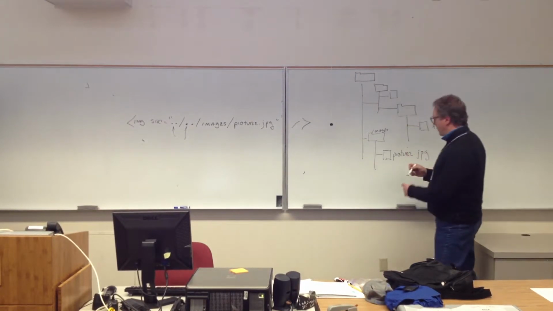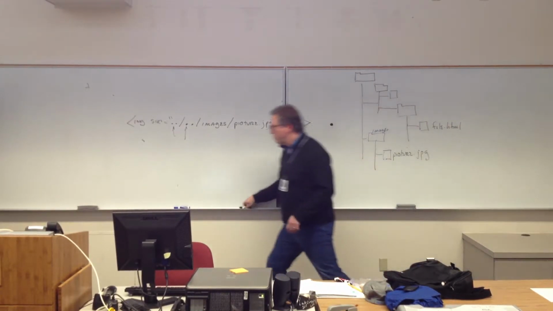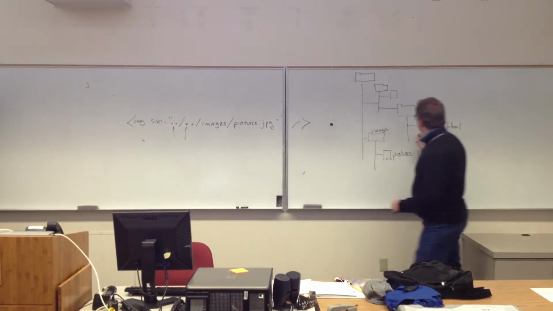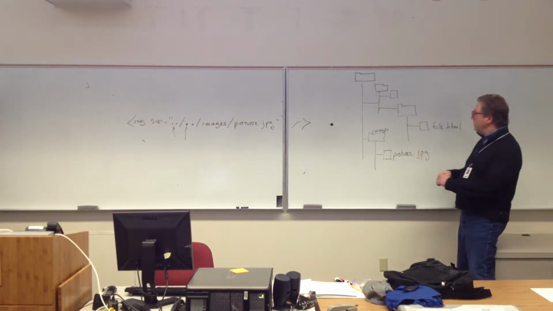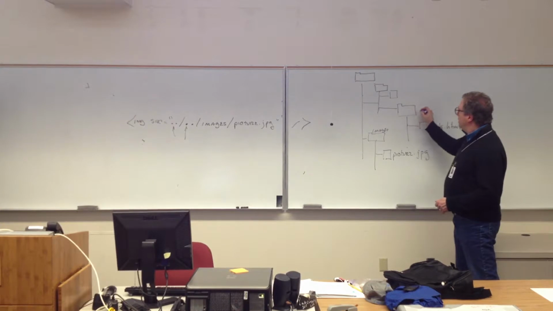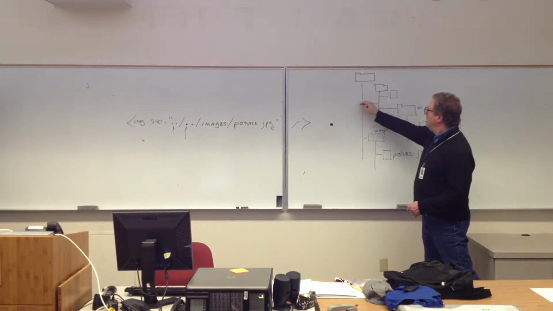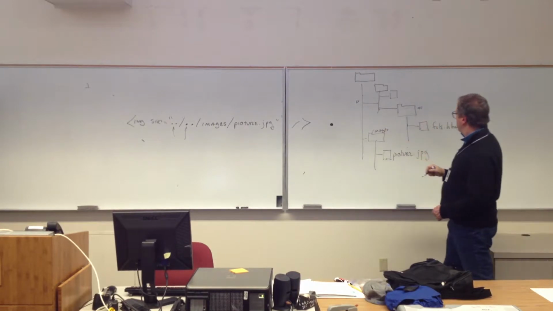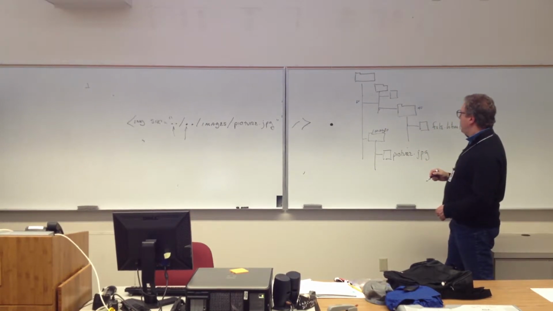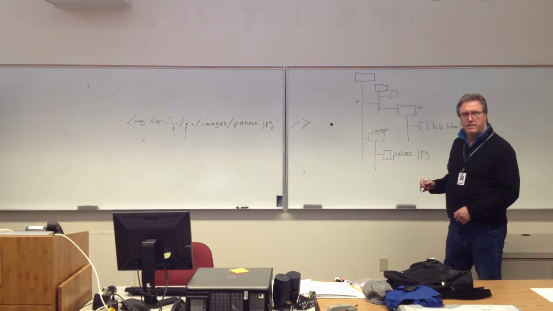Okay, so spread this out across the field. To get from here to here, I went dot dot to here, dot dot to here. No, this is a mistake. Too many dots.